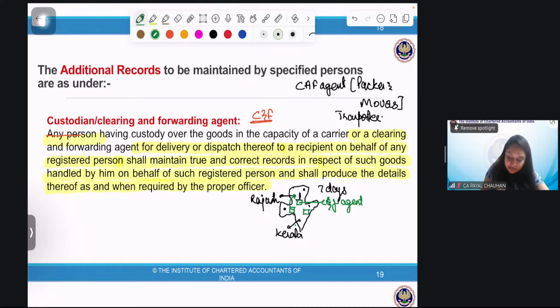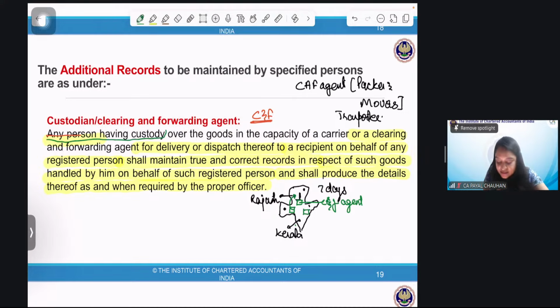Any person having custody over the goods in the capacity of a carrier. Carrier stands for, now think. Anil, I'll tell you. First read this. Now tell me, when you are a carrier, you are a transporter and or a clearing and forwarding agent.